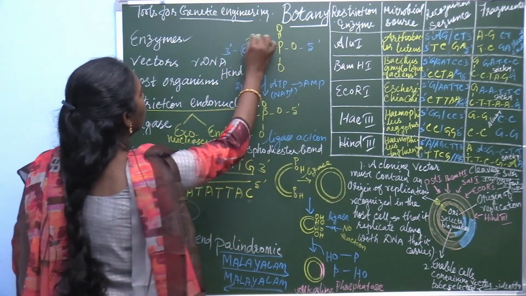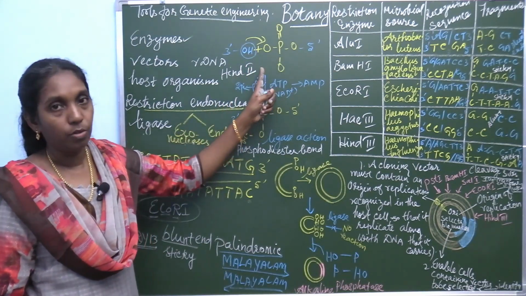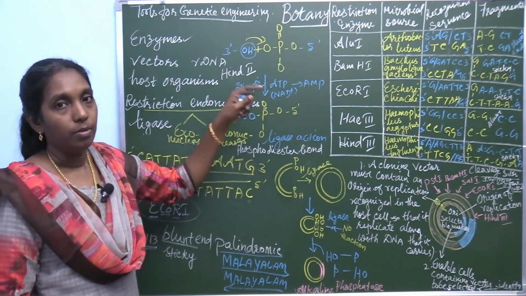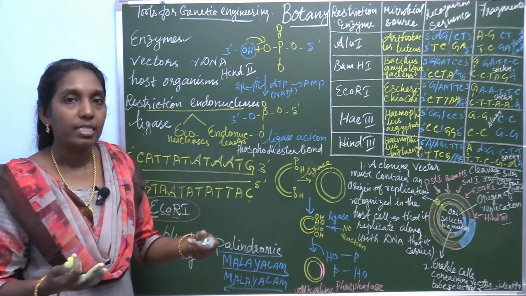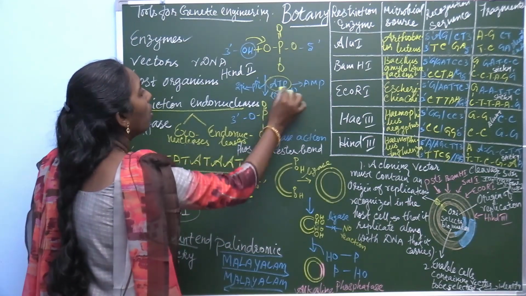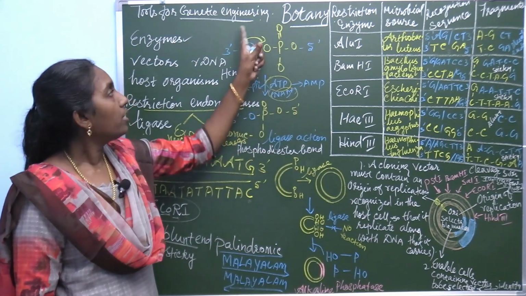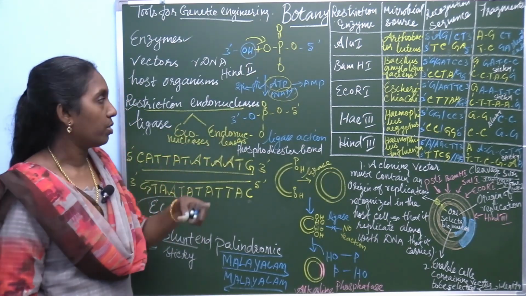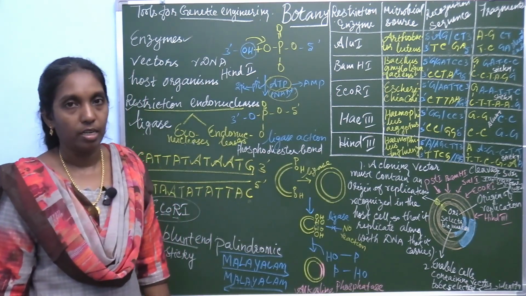So, it joins this region in the phosphodiester bond with the presence of ATP. So, there are some cofactors involved in this joining, either ATP or NAD+. If so, it joins the DNA sequences. So, it joins in the phosphodiester bond.